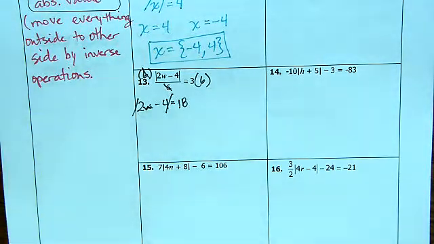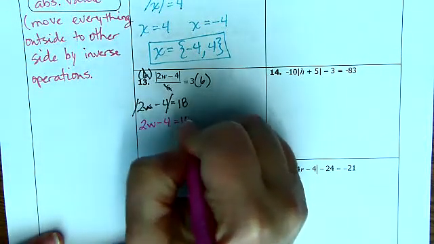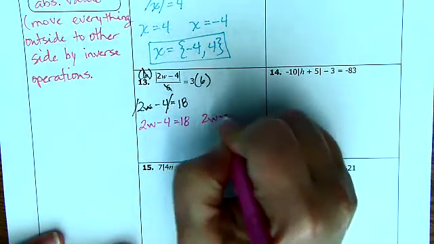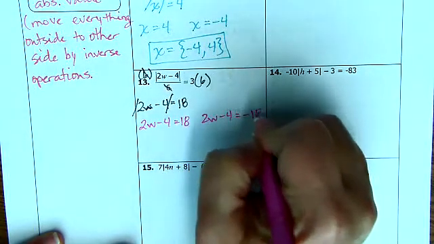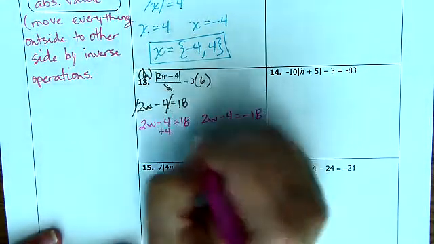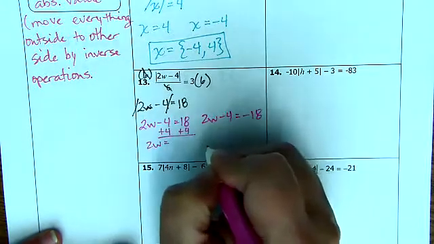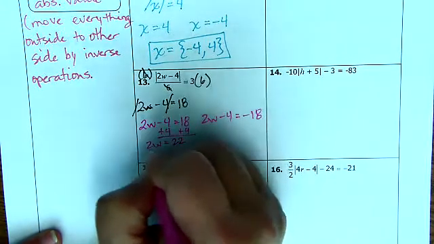So now my next step is where I pull it out into the 2. So now I have 2w minus 4 equals 18. 2w minus 4 equals negative 18. And now we work or solve. Plus 4. So we have 2w equals 22.